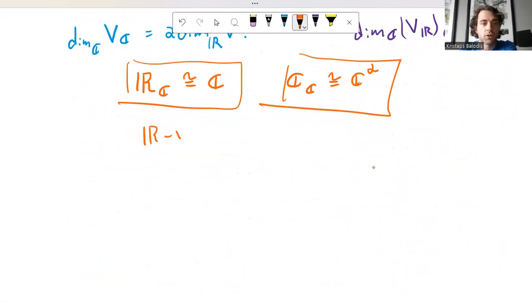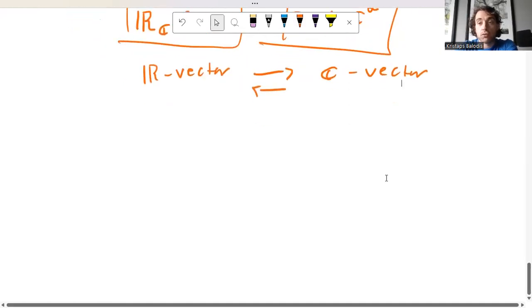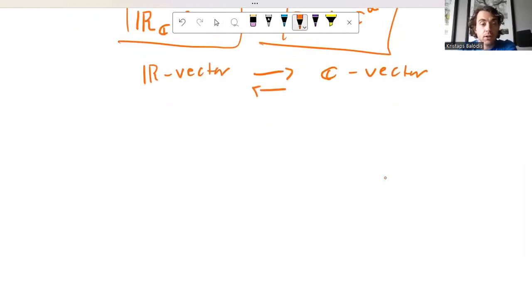So we have a pair of functors from real vector spaces to complex vector spaces. And in particular, one thing you should always suspect is that if you have two categories, C and D, and you have a functor that is forgetful, right?